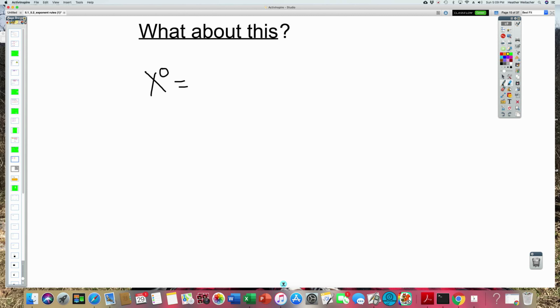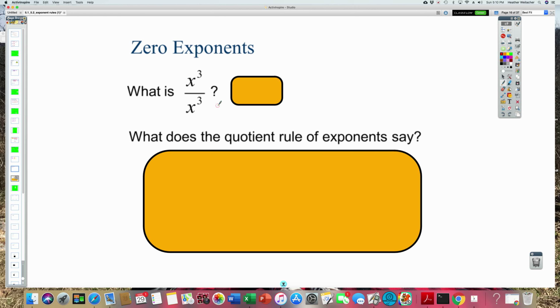And a final rule, this one always gets people, so if you were asked anything to the 0 power, it is always 1. So if you have x to the 0, it is 1. So here's a bit of an explanation why. If I were to look at x to the 3rd over x to the 3rd, or really anything divided by itself, anything divided by itself is always 1.